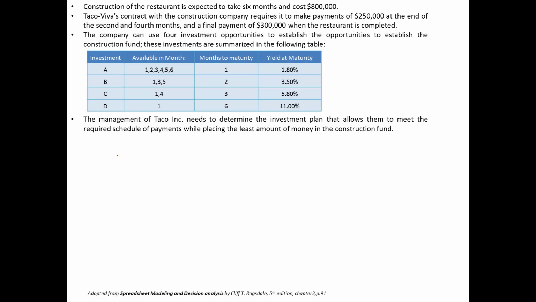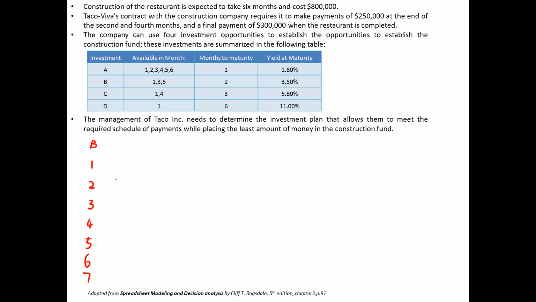So, let's see. Months: beginning of month 1, 2, 3, 4, 5, 6, 7, and the end.